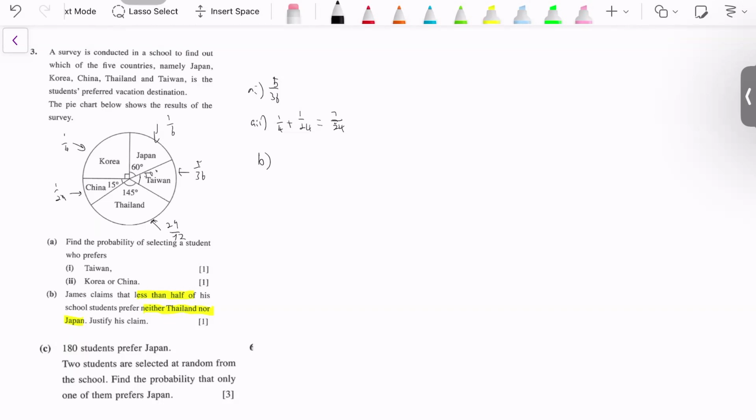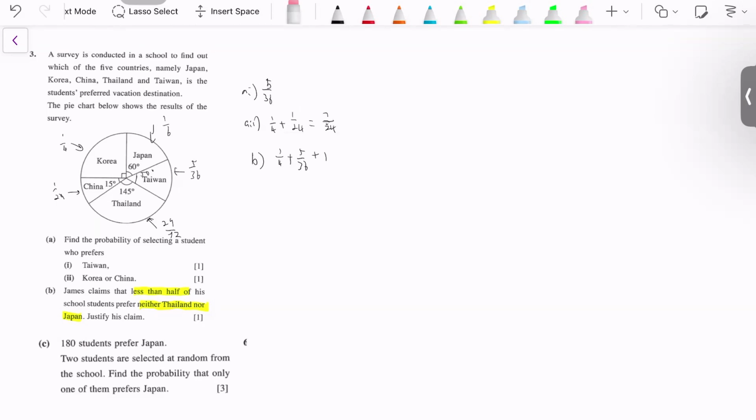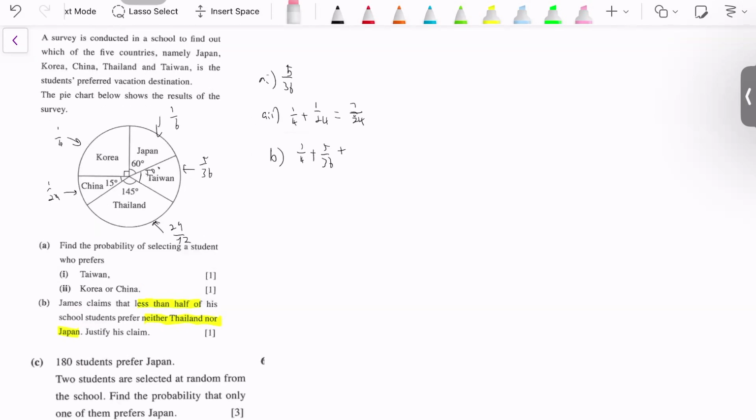We just add Korea, which is 1/4, Taiwan, which is 5/36, and China, which is 1/24. And that will give us 31 out of 72. So it shows that less than half prefer neither Thailand nor Japan.